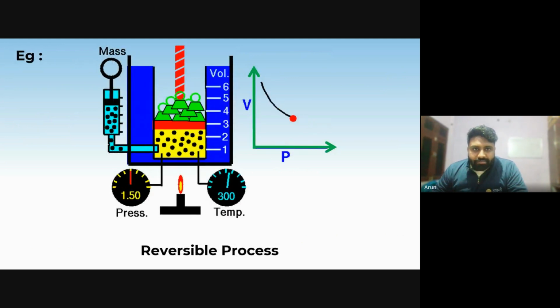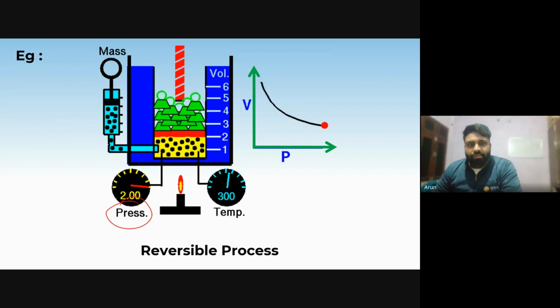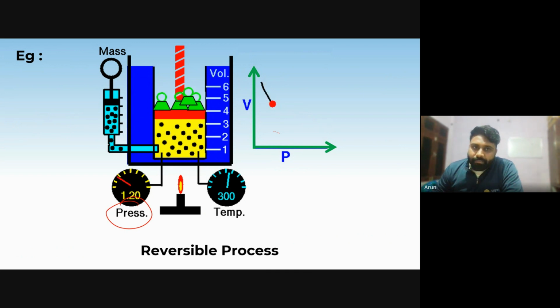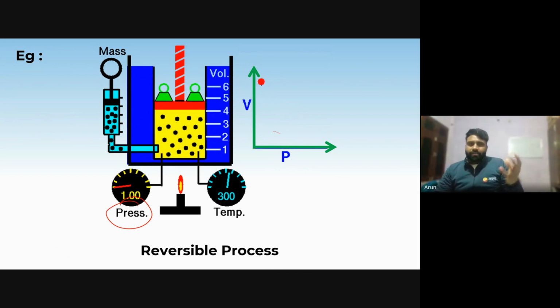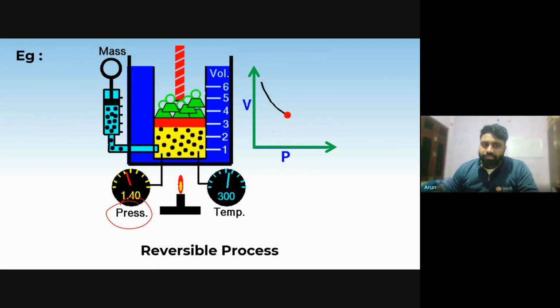When we are increasing the number of weights, these green colors are the weights, because pressure means we are increasing the weight, the gas will be compressed. When gas is compressed, the volume is decreasing. So as the pressure increases, the volume decreases. But when you remove these masses, the gas will apply force on the piston and the piston will move up. So when the pressure is decreasing, the volume is increasing. This type of process you can say is a reversible process. Got it?